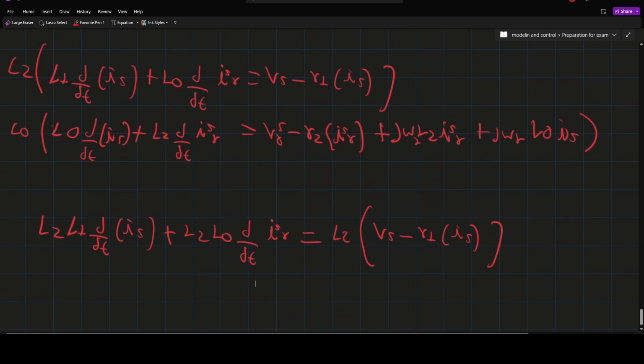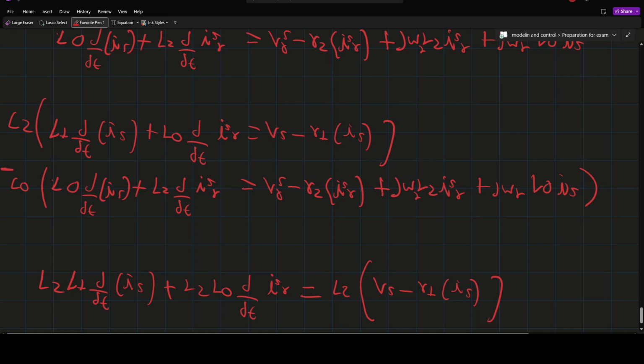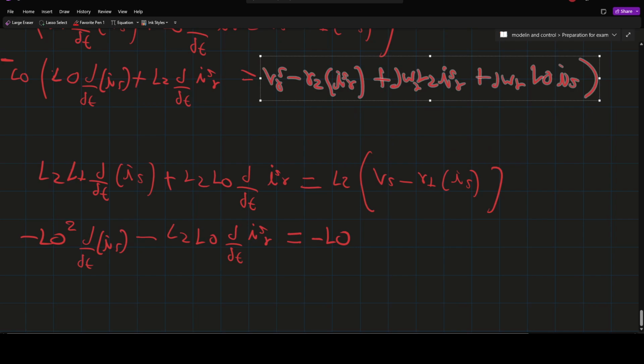We do the same for the second equation, and now we know that we are gonna have to subtract, so we're gonna have minus L0 square times this, minus L2 L0 di/dt of ISR equals minus L0 that multiplies all of this.